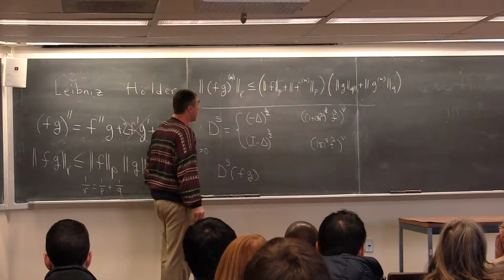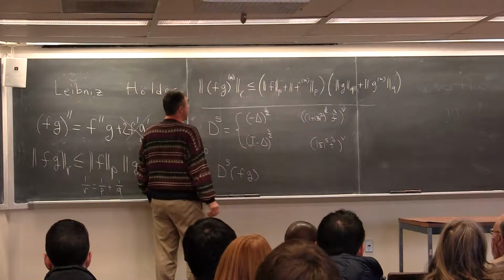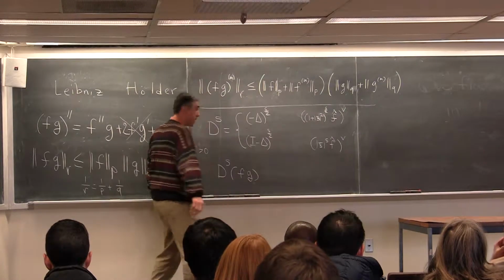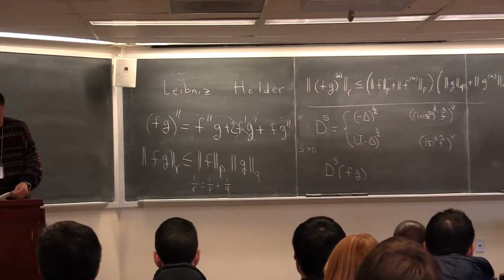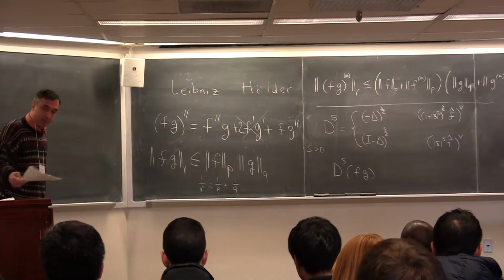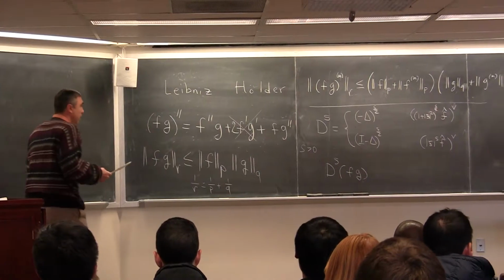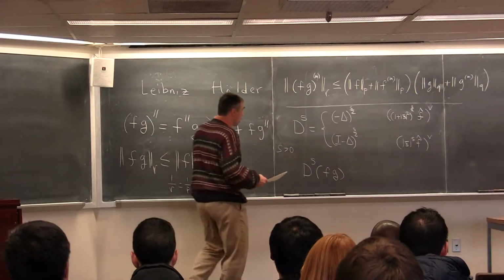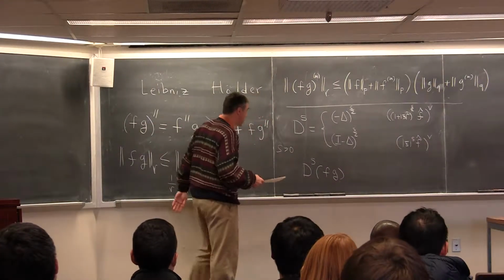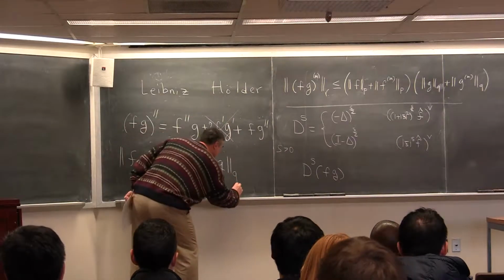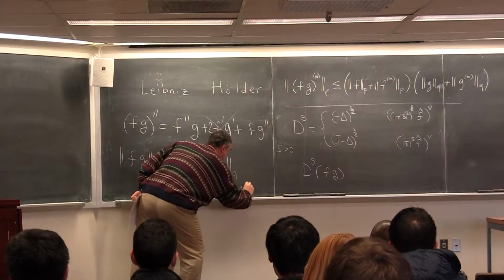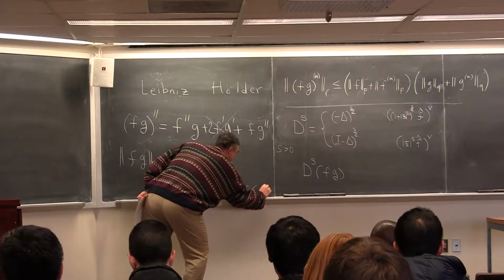Keeping that in mind, you can ask the question: what happens if you take the Hölder norm of this expression? I forgot to say here that p, q, and r are numbers between 0 and infinity.